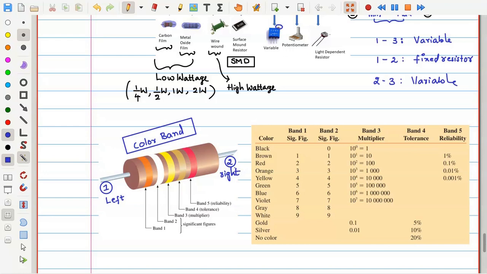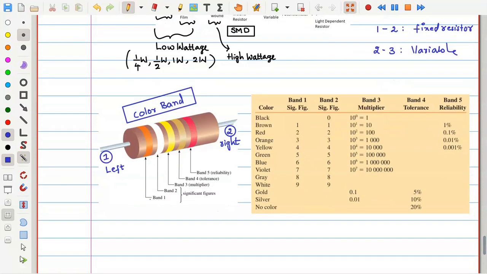You start counting the band numbers from left to right. The first band and the second band, that means the first position and second position, are referred to as significant figures. I'll tell you what that significant figure means.